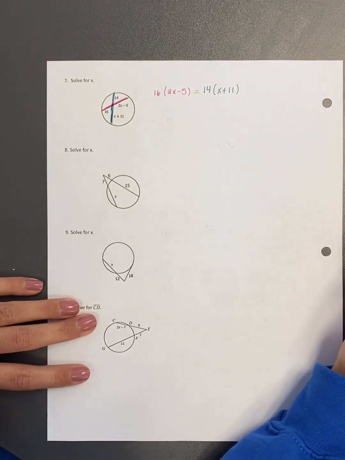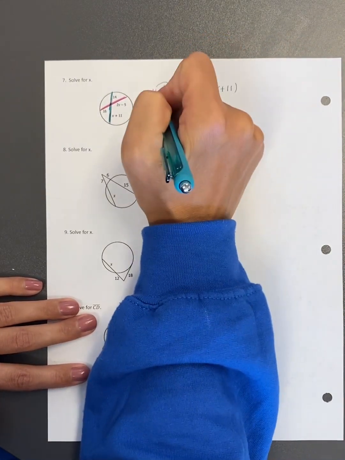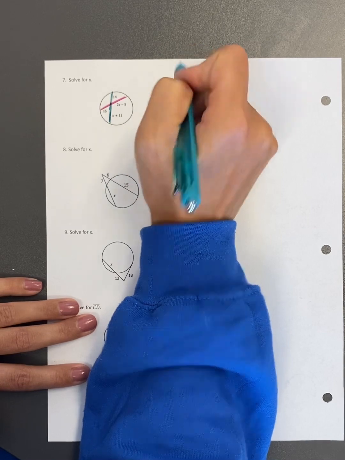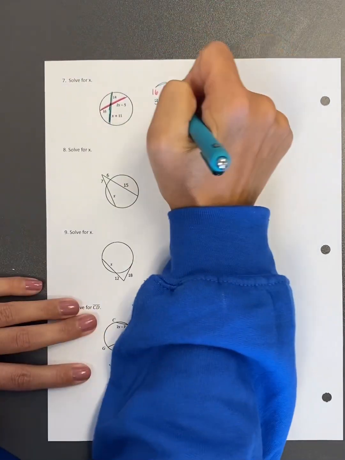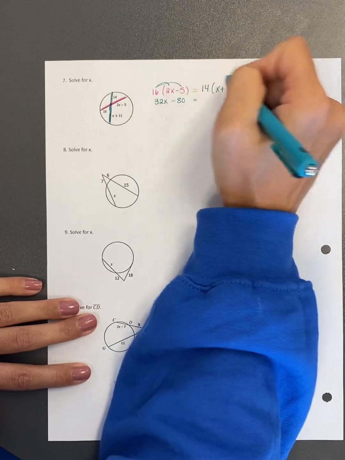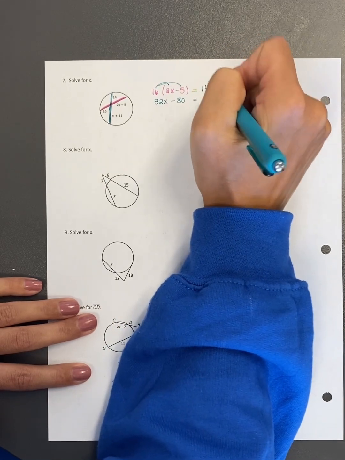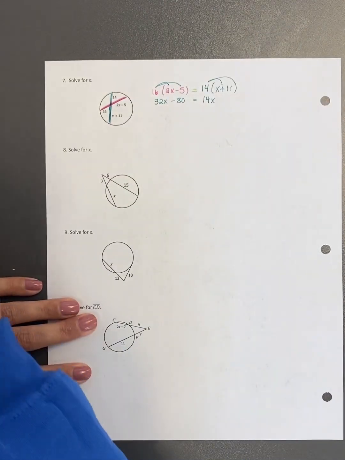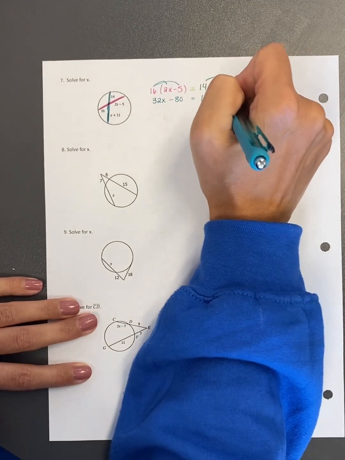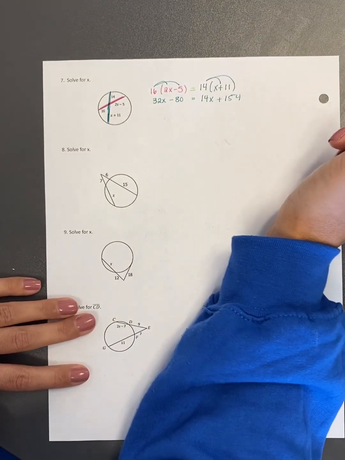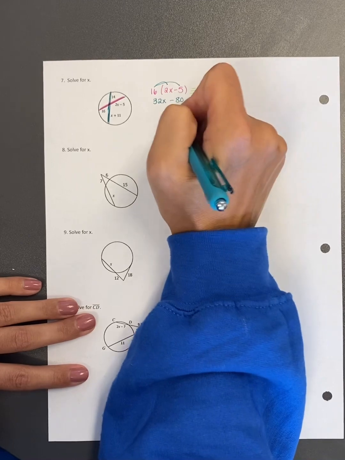Now to get rid of the parentheses, I have to distribute. 16 times 2 is 32x, 16 times 5 is 80, 14 times x is 14x, 14 times 11 is 154. And now I'm going to add 80 to both sides.